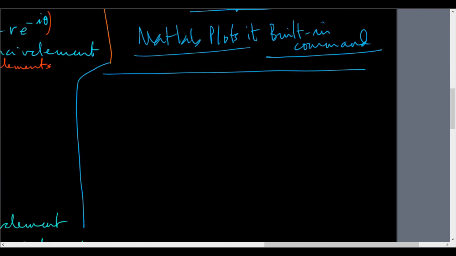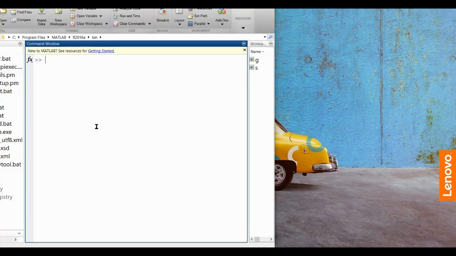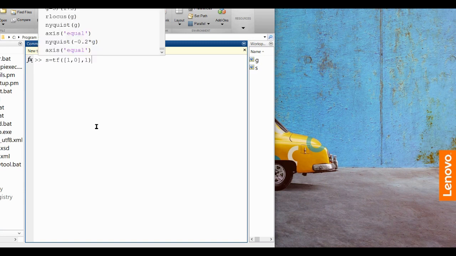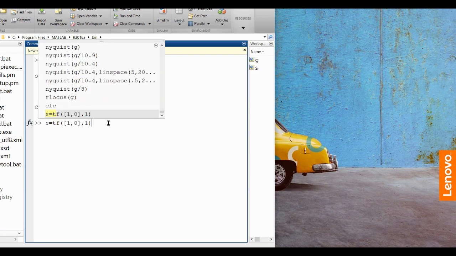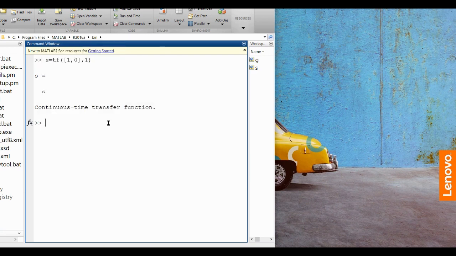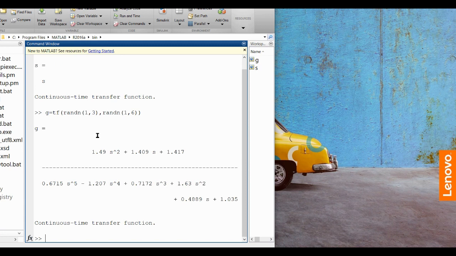Let me show you in MATLAB how this works. So s equals this trick we have used. Let me take a random one. G equals, so here is a random one. You see it will have 5 poles and 2 zeros. So this is some random one.